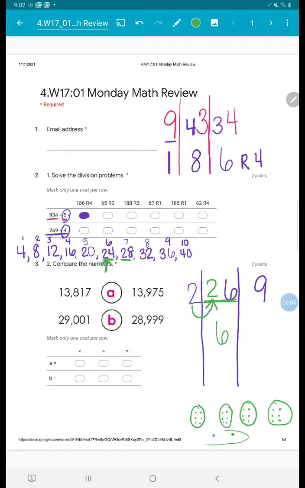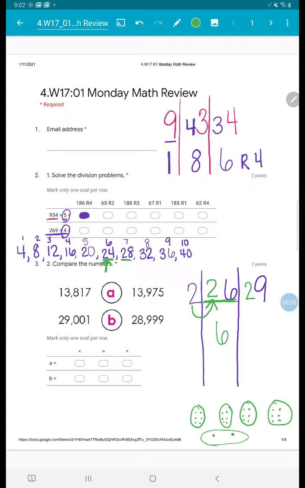These two right here, I don't have enough to put into each group to keep them even. But if I look at my 4 groups, there's 6 in each group. So remember, we said that 26 divided by 4 up here equaled 6. And I have 2 left over to get from 24 to 26. I have 2 extra.